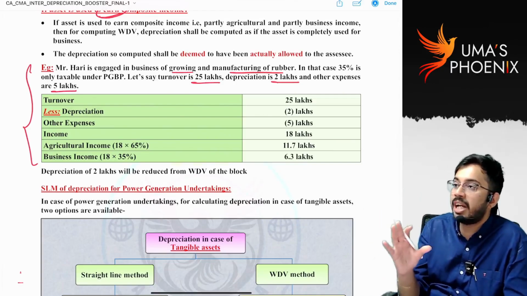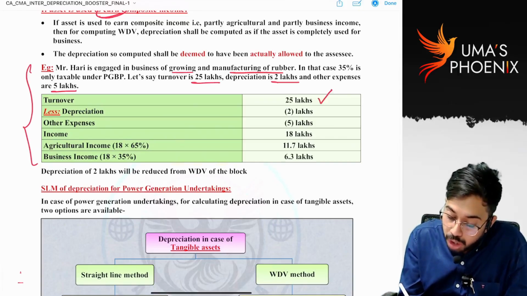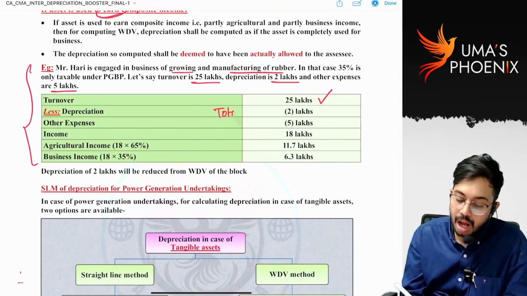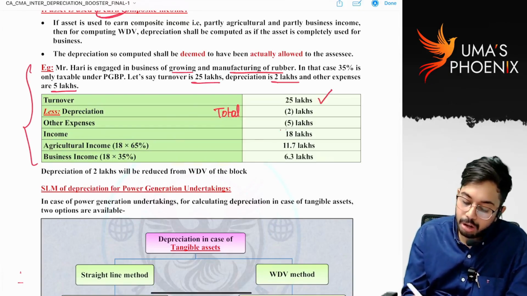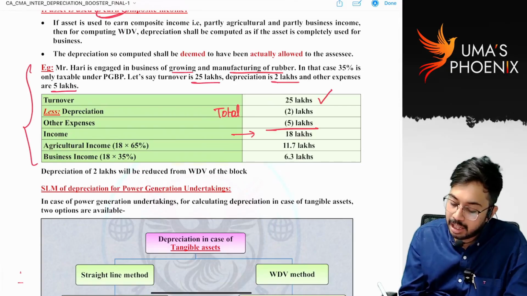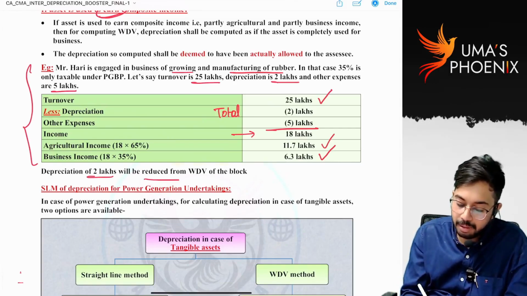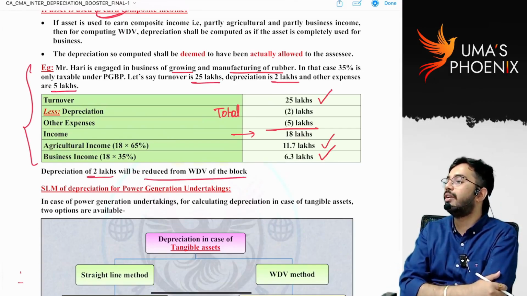No, we do division at income level. So 25 lakhs revenue, depreciation total was reduced, okay. Other expenses are also reduced. How much is income? Income is 18 lakhs. So out of 18 lakhs, agriculture income is 11.7 lakhs, business income is 6.3 lakhs. Depreciation of 2 lakhs will be reduced from written down value of the block.